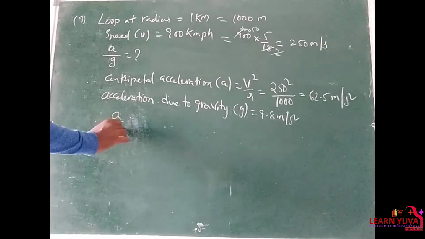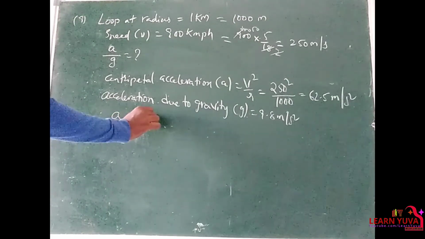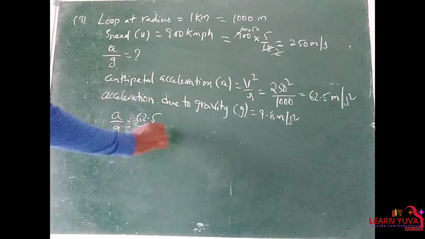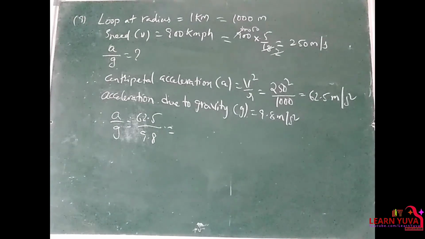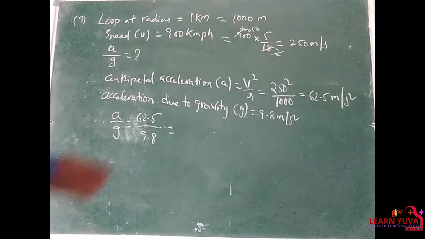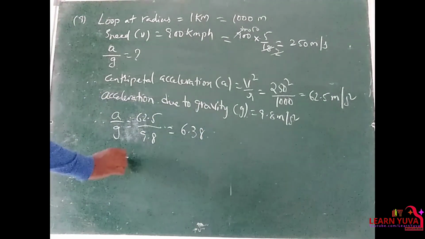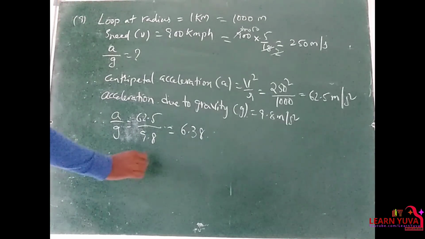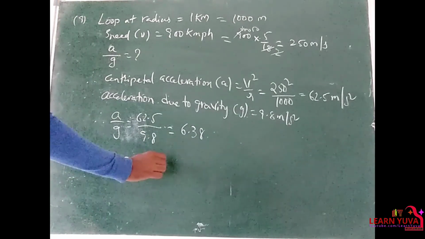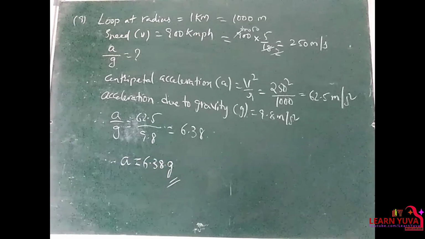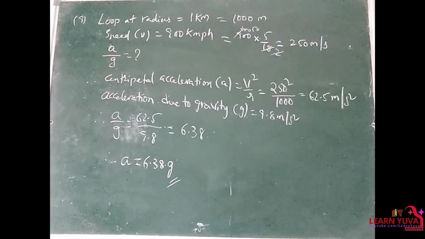Therefore a by g is equal to 62.5 by 9.8, which gives 6.38. So therefore the centripetal acceleration is 6.38 times the acceleration due to gravity, right?